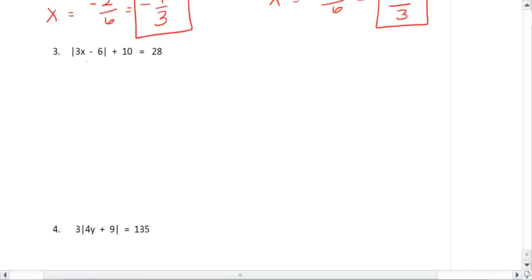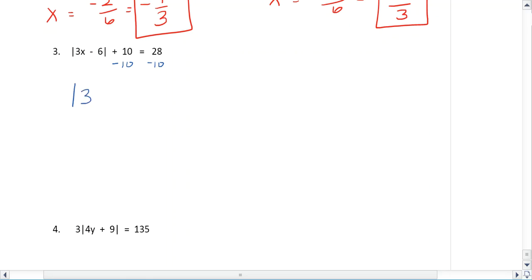All right, looking at example 3, there's nothing to combine inside the absolute value, but outside here, I need to get rid of this negative 10 before I write my two equations because the absolute value is not isolated. It's not by itself on one side of the equal sign. So we subtract a 10 from both sides as our first step.